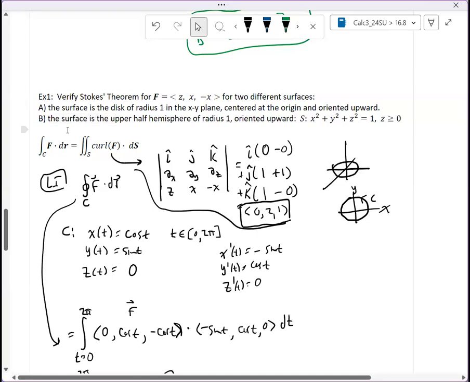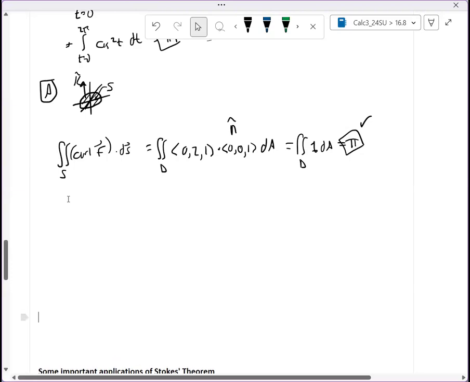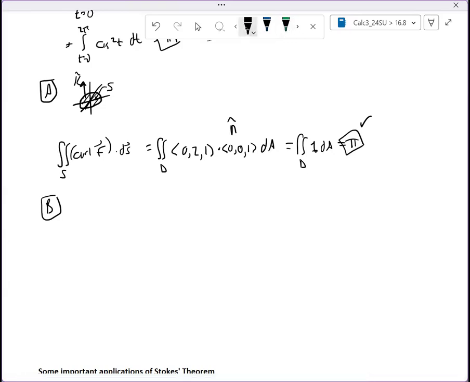Now, what about part B, a more challenging surface integral? We have the upper half hemisphere that we're working with here. So let's take a look at this one. So I have my upper half hemisphere, that's my surface.